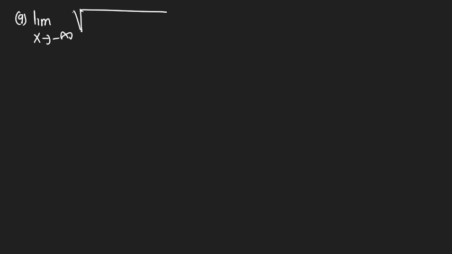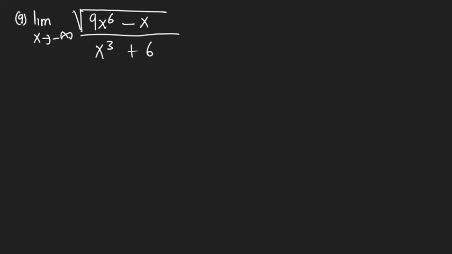Beautiful. We have been given a radical once again. This is the square root of 9x to the power 6 minus x, all over x cubed plus 6. How do you solve such a question? Well, this is going to be very, very simple.